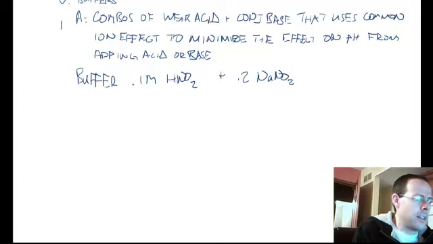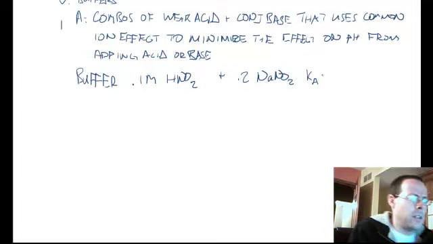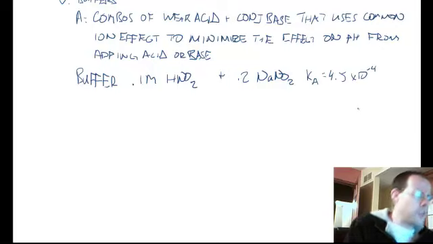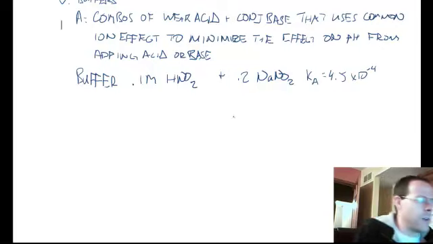Alright, so here's our weak acid with its conjugate base. And real quick, the Ka for HNO2 equals 4.5 times 10 to the negative fourth. So the first thing we're going to do is just find out what is the pH of this thing before we even start adding stuff.